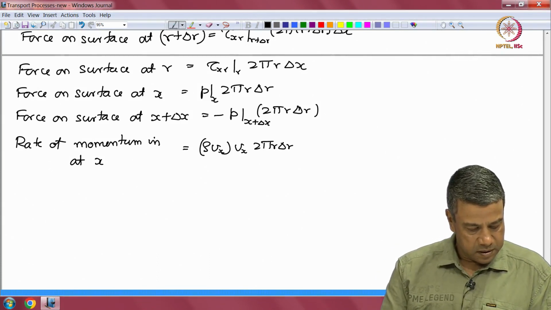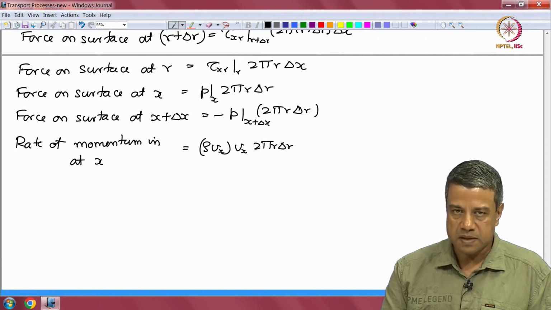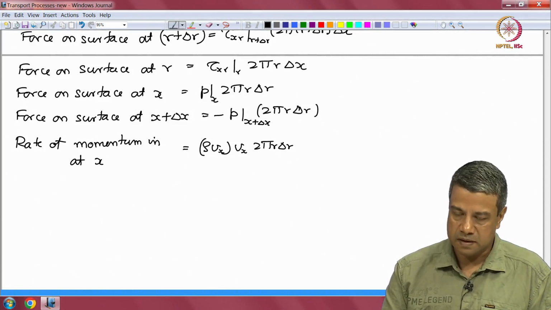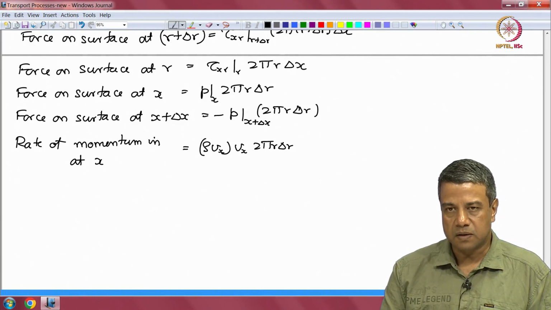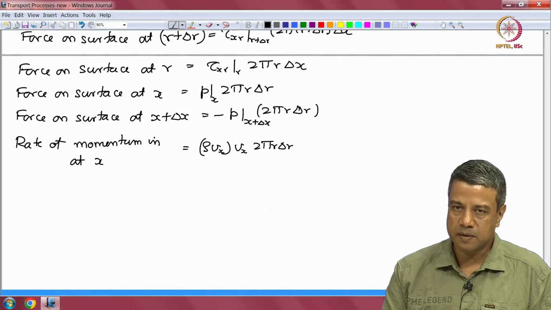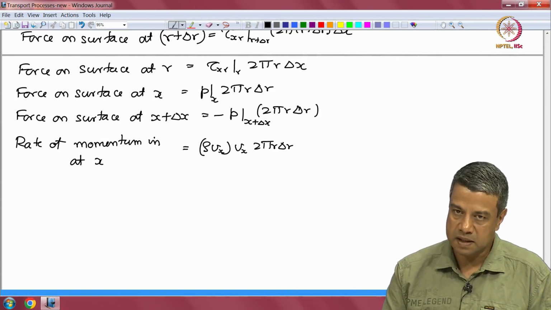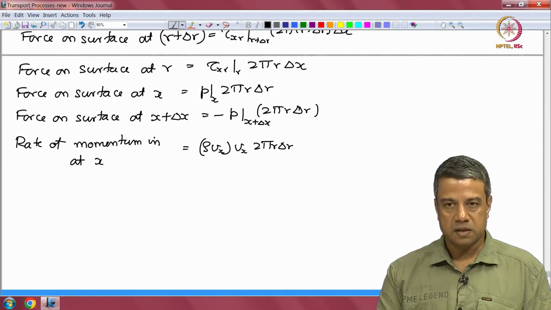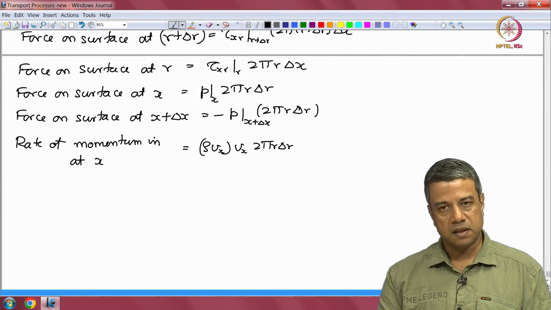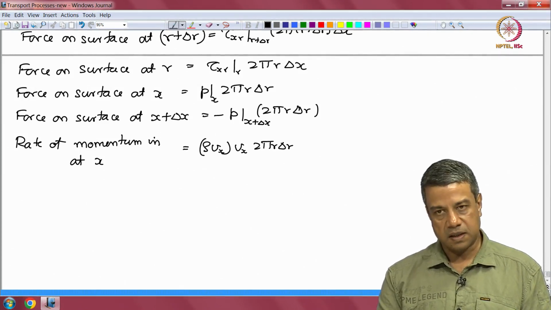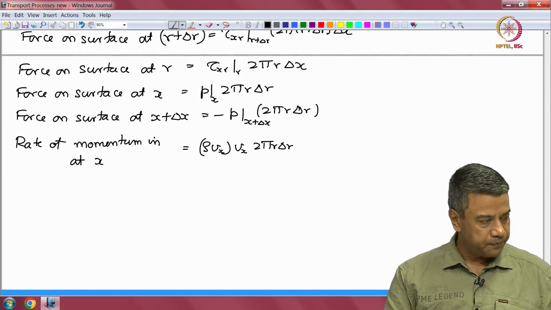The momentum density times the velocity times the surface area of the left face. Note that the flux is a density times the perpendicular velocity, and the rate in is flux times area. So, density in this case is rho v x, the velocity is v x, and then you have the surface area.